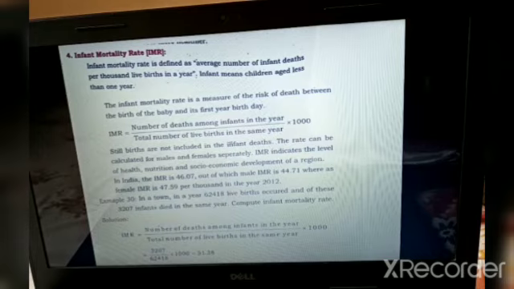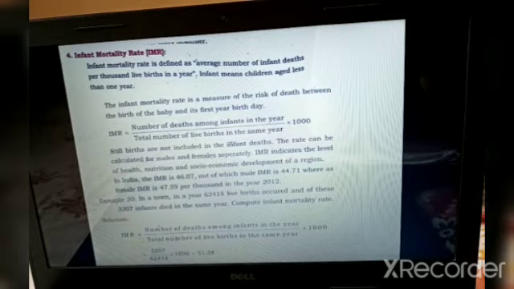The infant mortality rate is given by the number of deaths among infants in a year divided by the total number of live births in the same year, into 1000. So the live births are 62,418, and the number of deaths is 3,207.